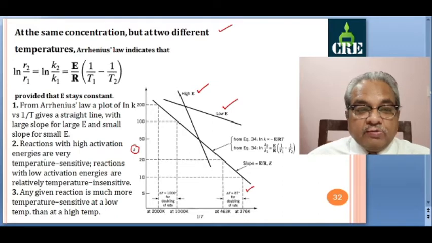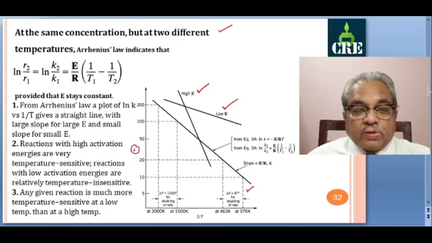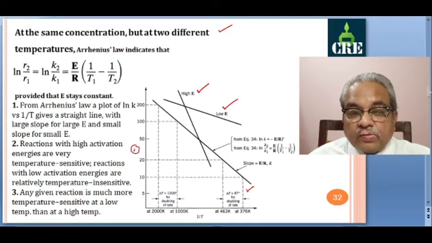Reactions with high activation energy are very temperature sensitive, and reactions with low activation energy are relatively temperature insensitive or less sensitive. Any given reaction is much more temperature sensitive at low temperature than at high temperature.